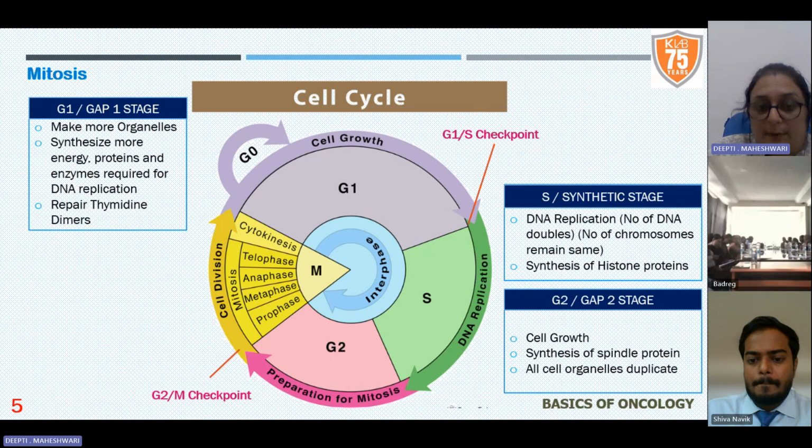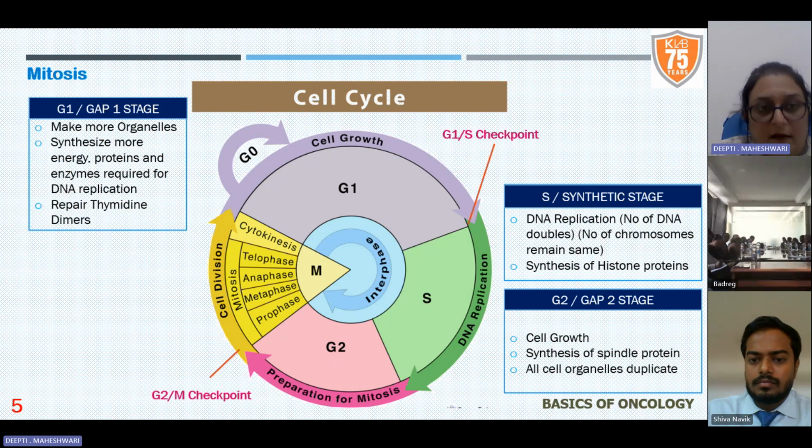The cell is preparing itself for mitosis. That means in the G2 phase, the cell will prepare itself so that it can actually divide into two in the mitosis phase. Like how in the G1 phase the cell was preparing itself for the S phase, here in the G2 phase also, the cell is preparing itself for mitosis.